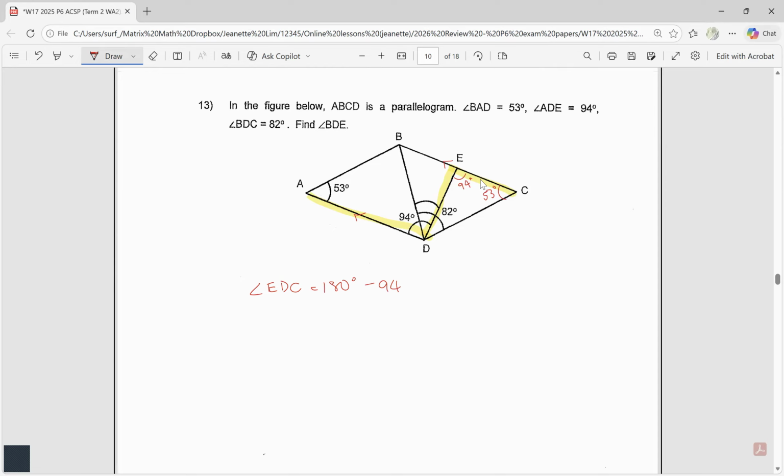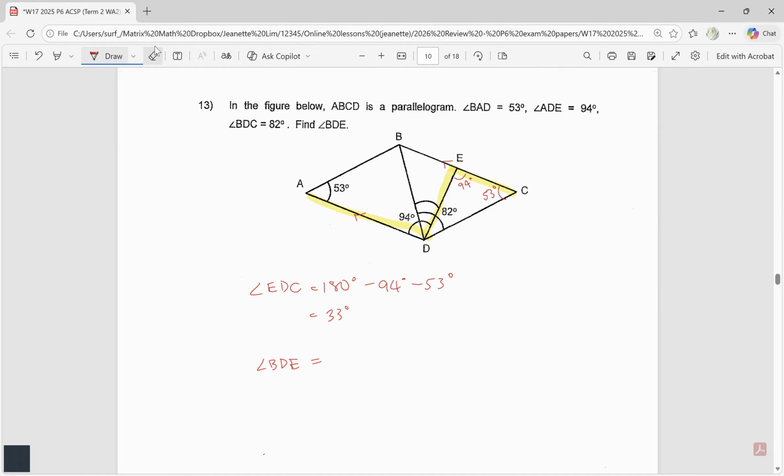180 minus 94 and 53. This will give us 33 degrees. So BDE is 82. Oops. 82 degrees minus 33 degrees. 49 degrees.